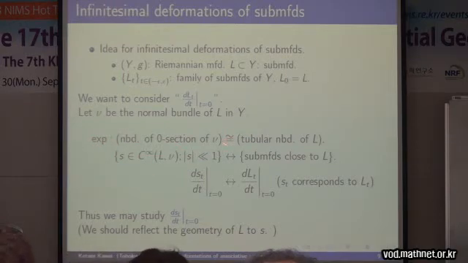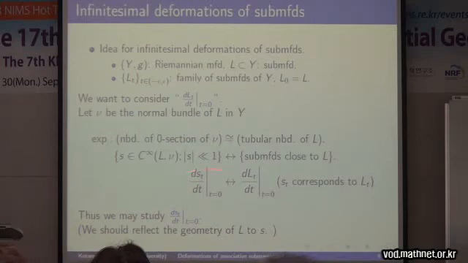Via this diffeomorphism, the sections of the normal bundle with small norms correspond to submanifolds close to L. So it is natural to regard the differential of submanifolds as the differential of sections st corresponding to Lt.